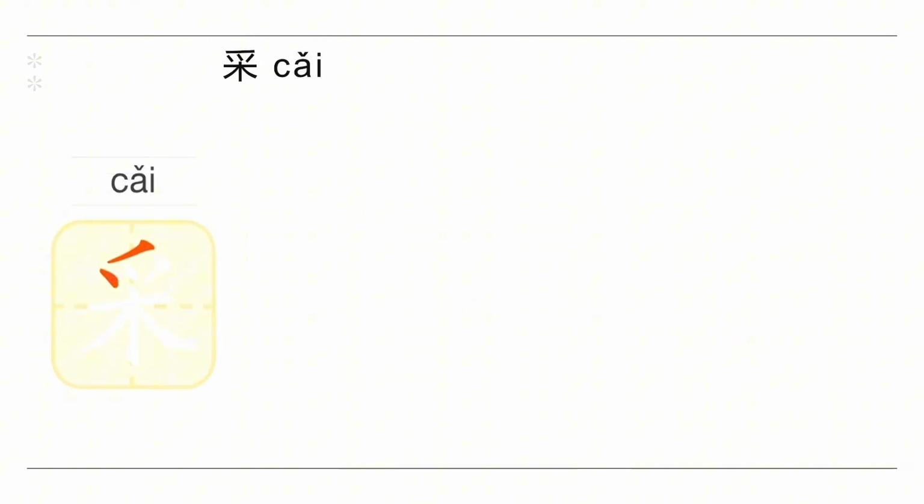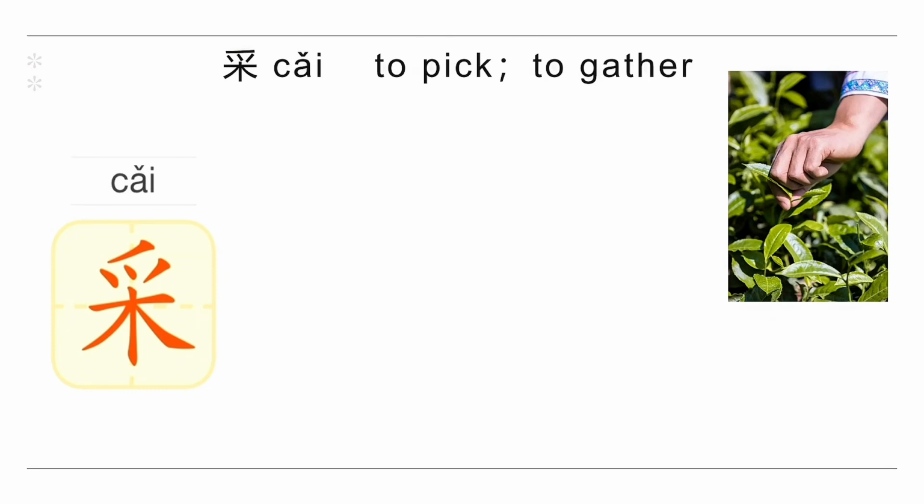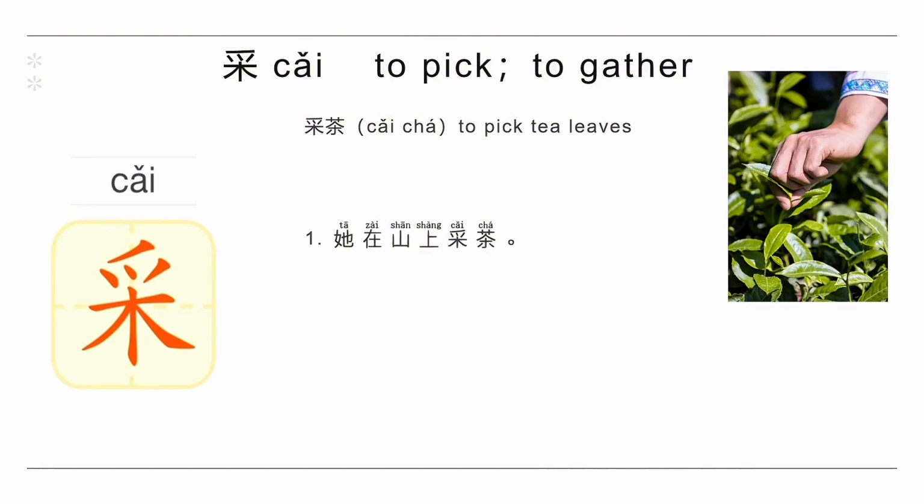This character is 采, third tone. It literally means to pick, to gather. For example, 采茶, to pick tea leaves. 她在山上采茶.